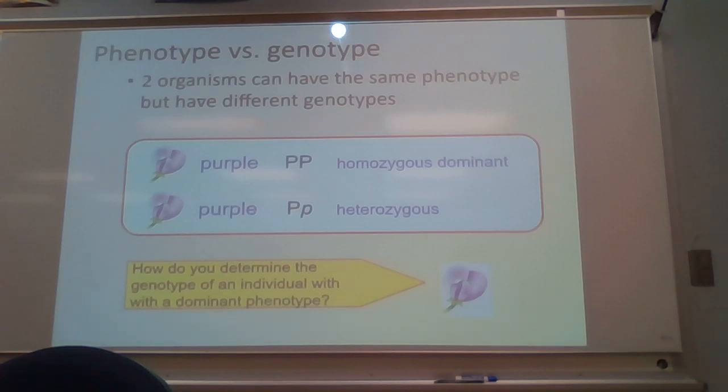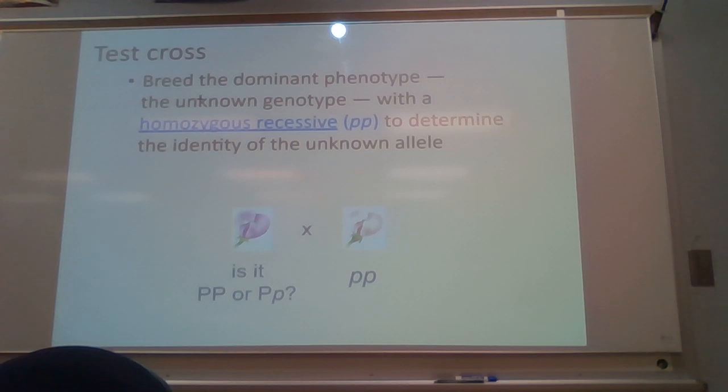Any ideas? Well, maybe it will give me a percentage chance, but we could do another generation. We would need to cross it with what? A homozygous recessive, yeah. So that is called a test cross.